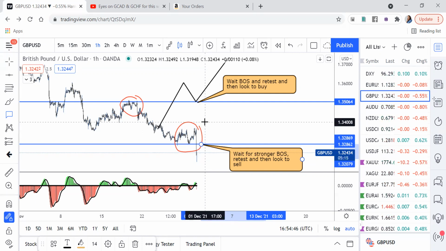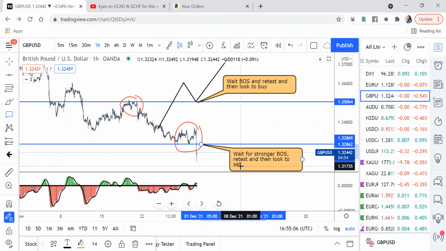So what I'm probably going to do now is wait for a break of structure. Let me see if price can break up here, give me a strong break and a retest, and I will re-enter for a buy here. Or let me see if price comes back down and gives me a stronger break, retest, and then I can enter for myself. That's you understanding your way: why the trade hit stop loss, planning for the next move. The market is always setting up opportunities, guys. It comes down to how you view it.